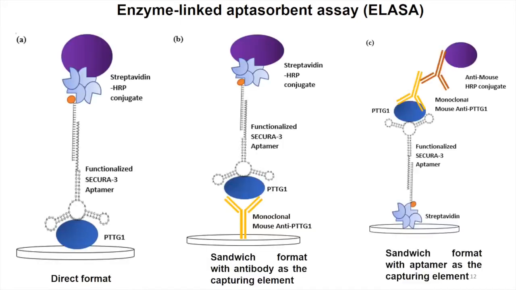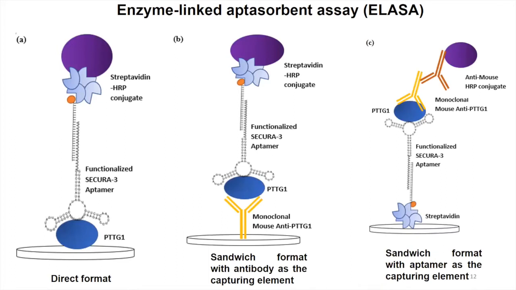In terms of diagnostic platform, the easiest that we can access in our lab, or just like in any other labs, is in the form of an ELISA assay. So we have carried out three different types of enzyme-linked aptamer sorbent assay.